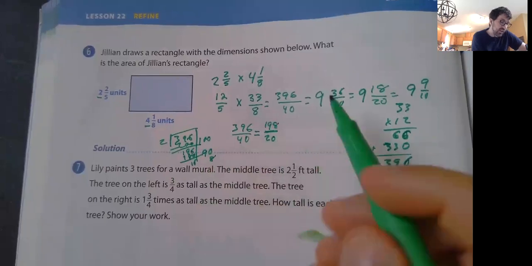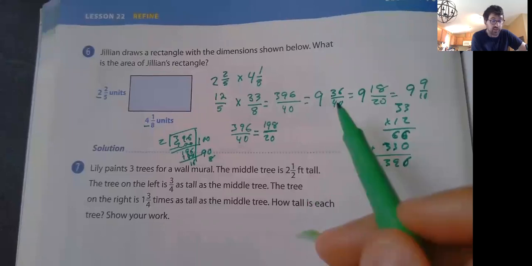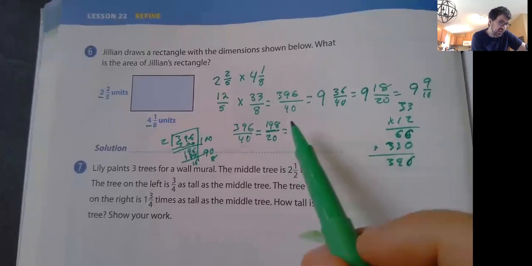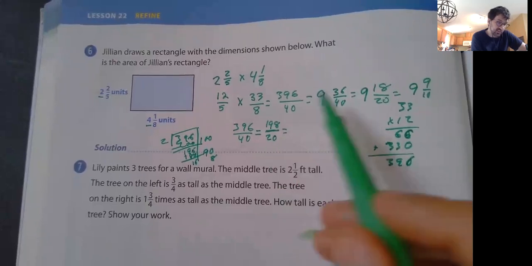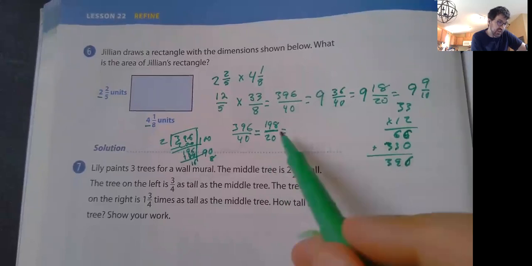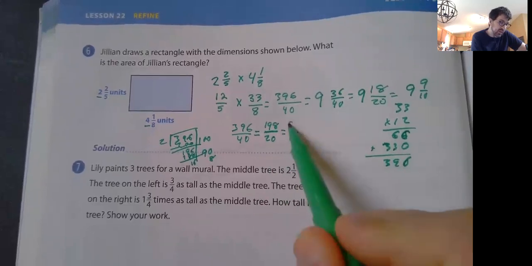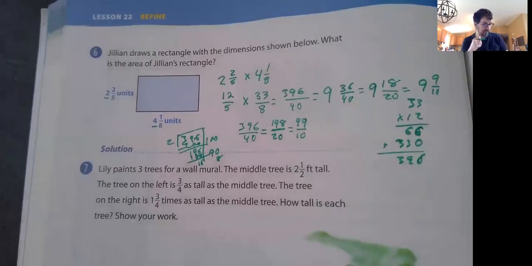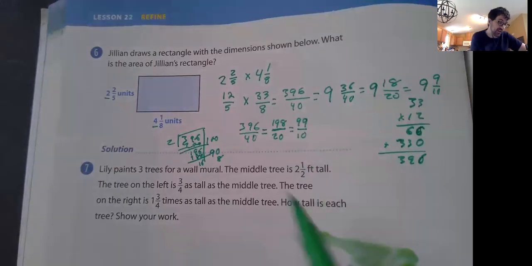Then we can simplify this again as well. Maybe it's not an easier way to do it, but I'm giving you lots of multiple strategies to approach this. If I simplified it again, it would become 99/10.